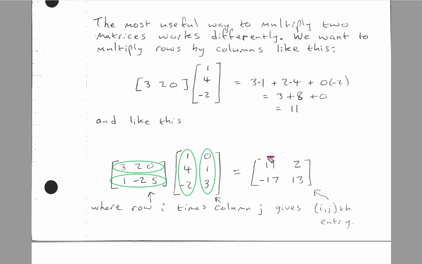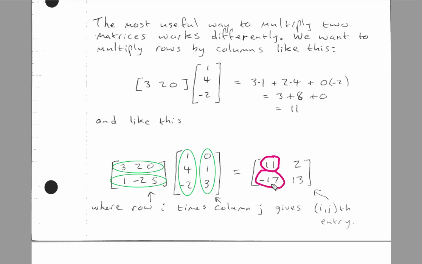We got 11. So first row times first column gives the number in the first row and first column of the answer. How about the second row times the first column? That's going to give the number in the second row and first column of the answer.